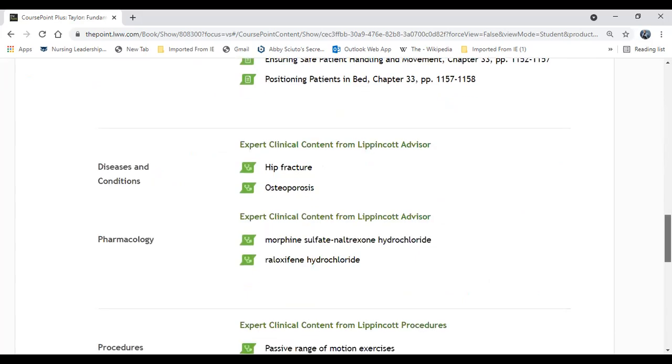Hip fracture, osteoporosis, and the medications that she's on, because you do have a portion in your care plan that asks you about medications and nursing indications. So you're expected to document what medication she's on and what some of those nursing indications are.